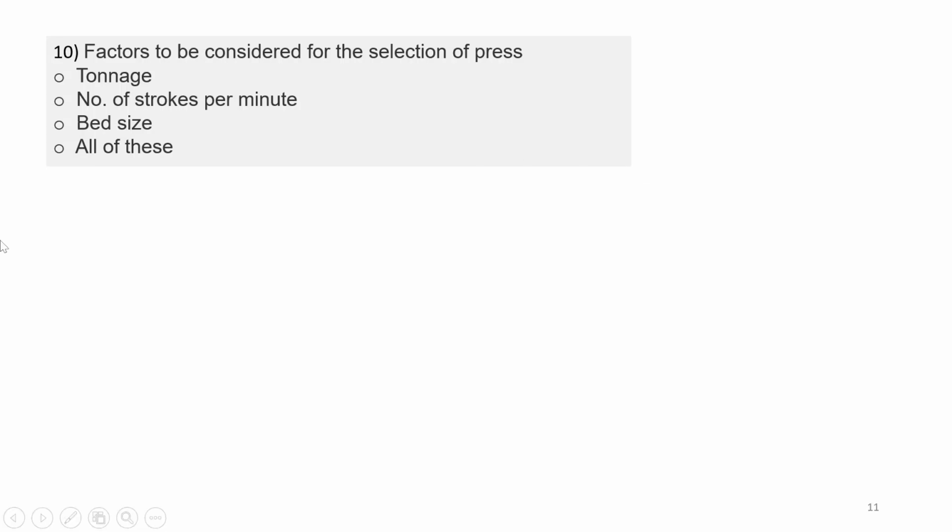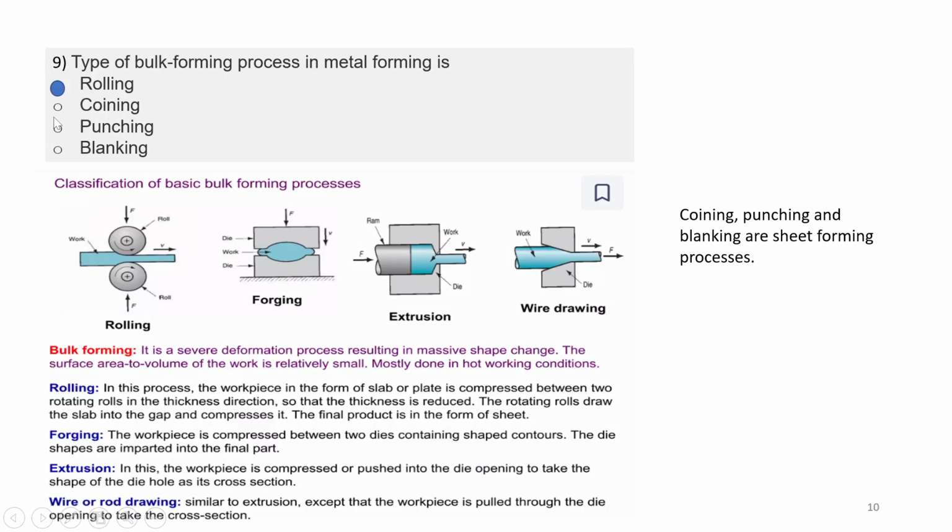Next question is factors to be considered for the selection of press. Your options are tonnage. The surface area to volume ratio for coining and punching will be higher.